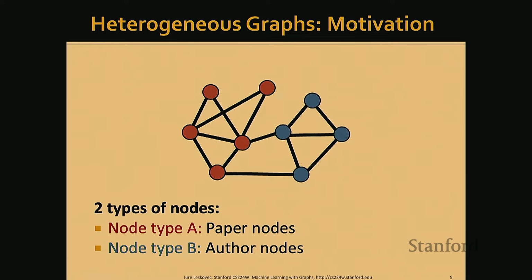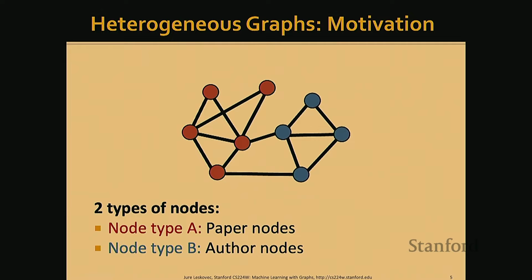So let's first motivate why do we want to study heterogeneous graph, why this notion is even useful. Earlier we have shown that we want to study graph because it describes entities and their relationships. In practice, these entities, or we call nodes, could have different types. Let's say could be like a citation network among different research papers and different authors. And for this graph, we can actually define 2 types of different nodes. So the red node could capture the papers, and the blue node can represent the authors.